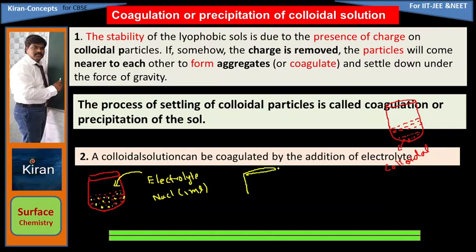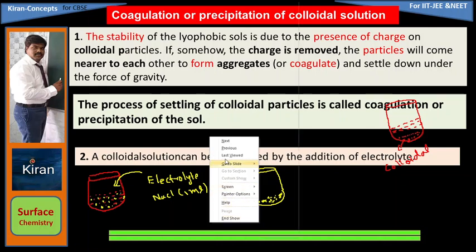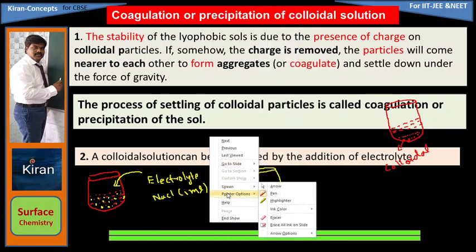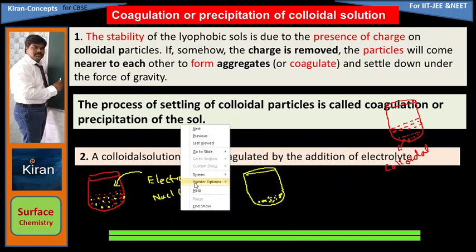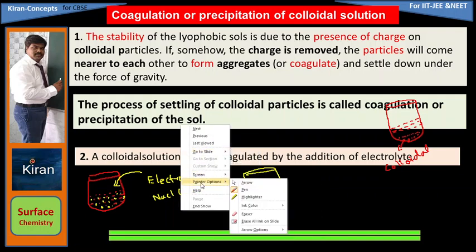When you add one drop of electrolyte to the colloidal solution, all colloidal particles are settling down. This settling down of colloidal particles at the bottom of the container is known as what? Coagulation.